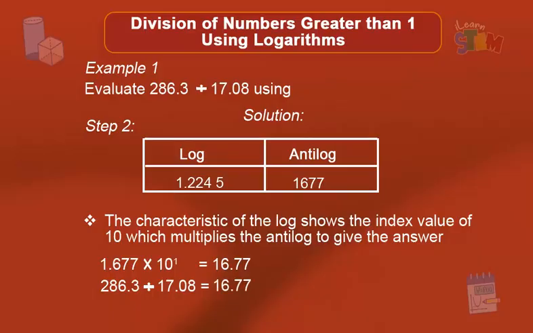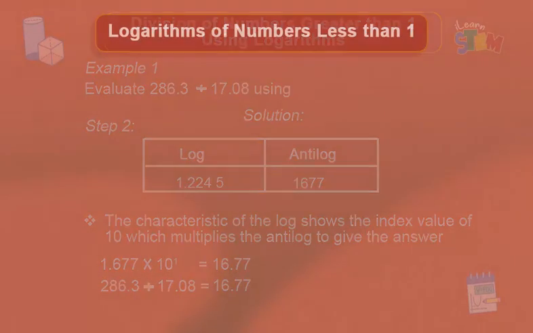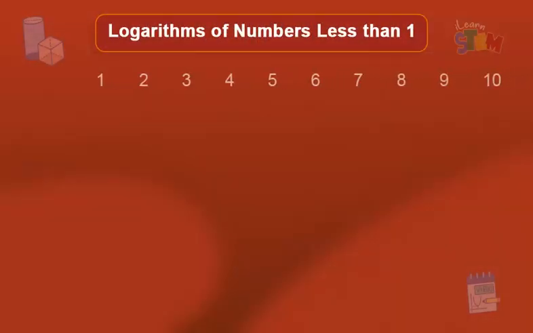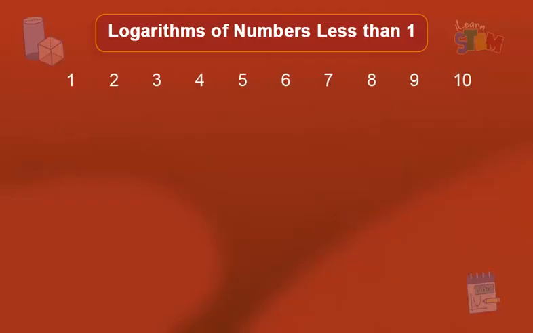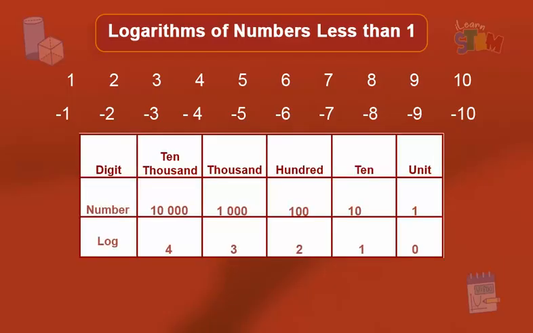Next, we will look at logarithms of numbers less than 1. We know that counting numbers start from 1 and are positive whole numbers. The opposite of positive numbers are negative numbers, which are usually shown by a minus sign. We learnt in the last lesson that the place value of numbers greater than 1 are expressed using powers of 10.